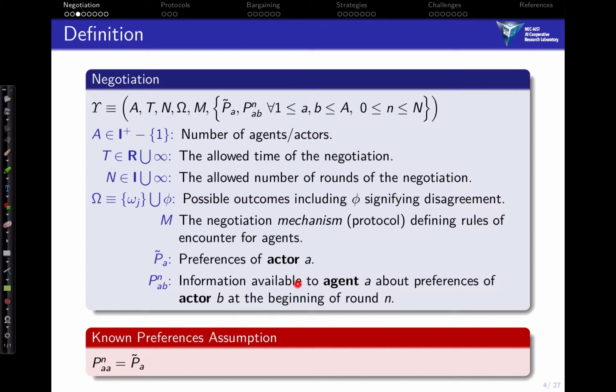Then there is the information available to the agent about the preferences of some actor. The agent may know the preferences of its own actor, or it may not even know the preferences of its own actor. And in most cases, we assume that it does not know the preferences of the opponent. In most cases, we also have this assumption that the agent knows the preferences of its own actor. So it knows its own utility function simply. But that's not necessarily the case. That's an assumption.